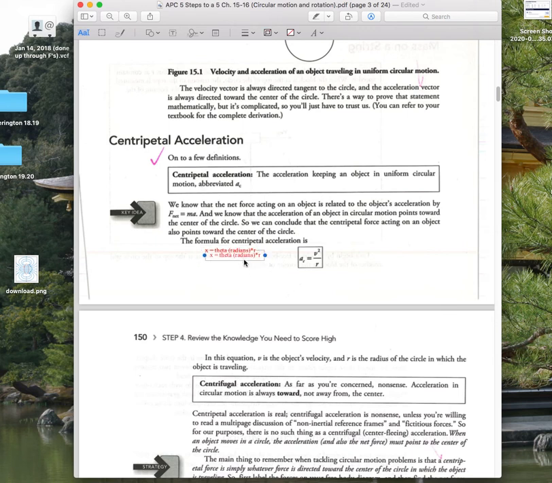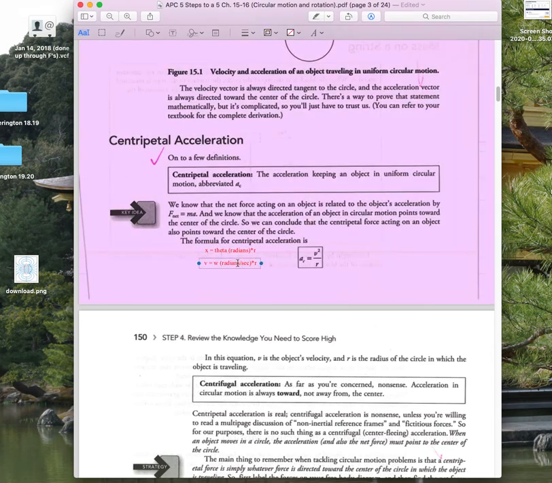Could also say that now velocity is equal to omega, and that's in radians per second.